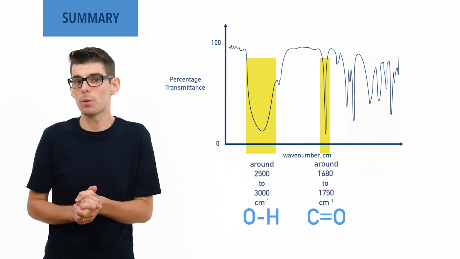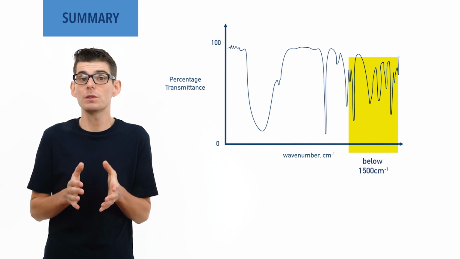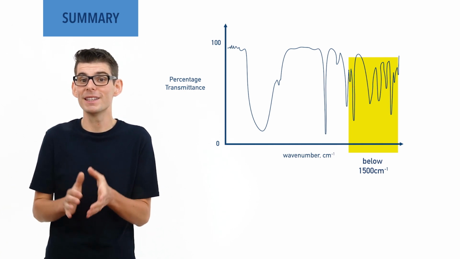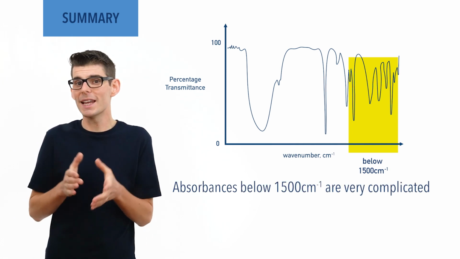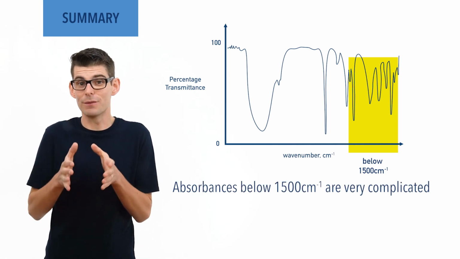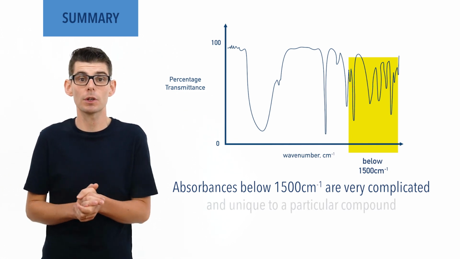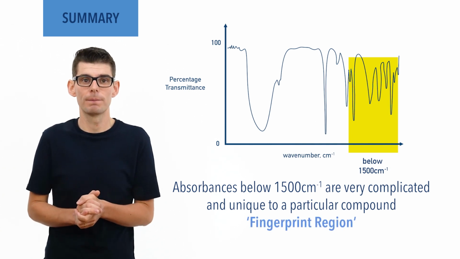Below wave numbers of 1500, the absorptions of IR waves are associated with vibrations and motion of whole molecules, meaning they are very complicated to analyze. The combination of all absorbances and the shape of this region is, however, unique to a particular molecule, meaning it is referred to as the fingerprint region.